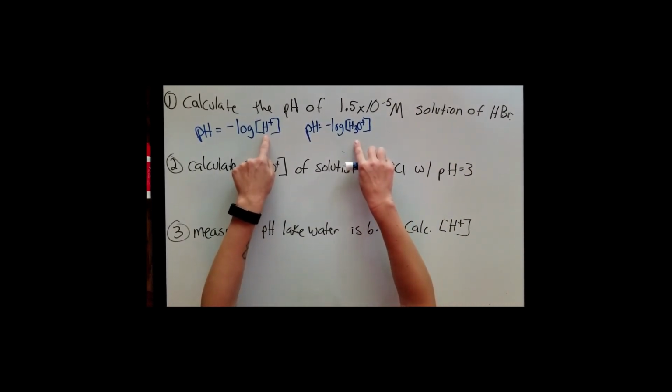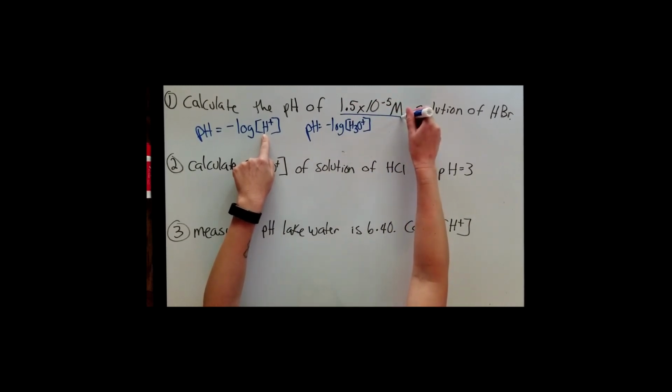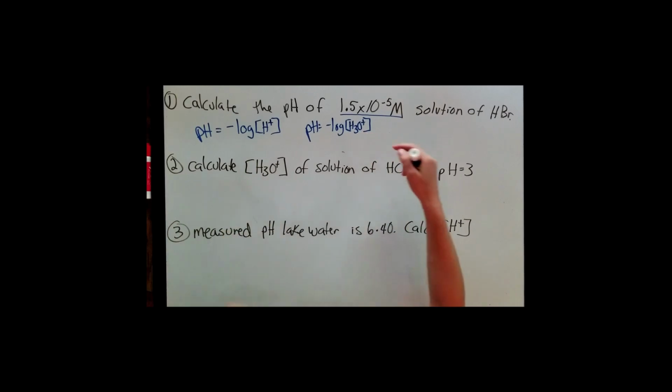We're asking what is the concentration of protons, H plus ions, in this solution? The concentration of H plus ions is this 1.5 times 10 to the negative fifth, so we're going to plug that in and solve.